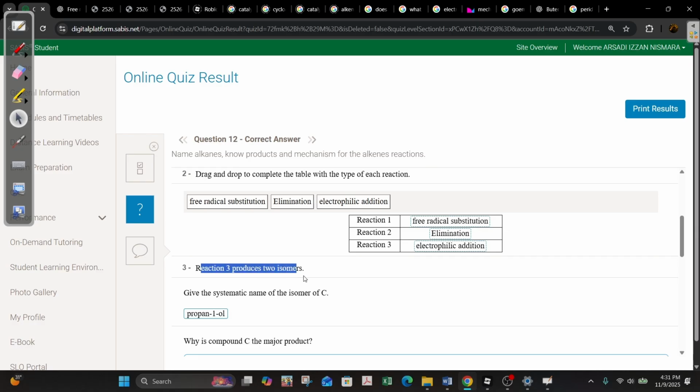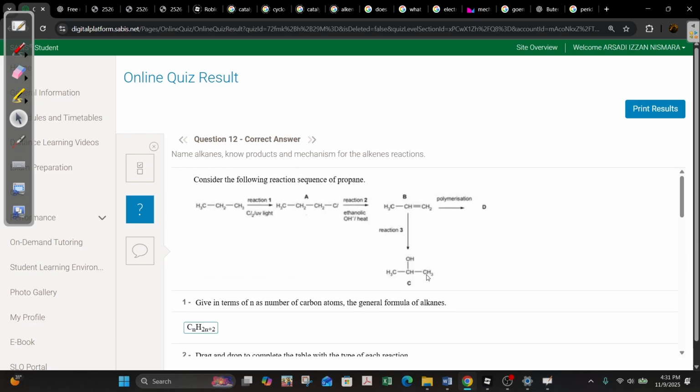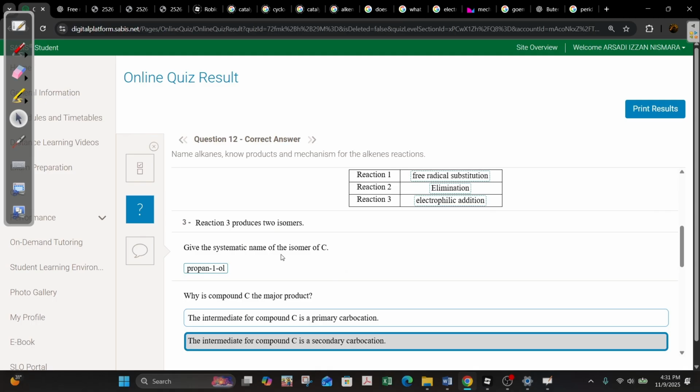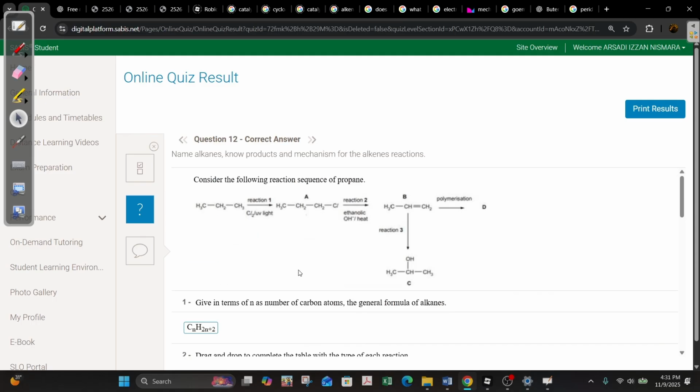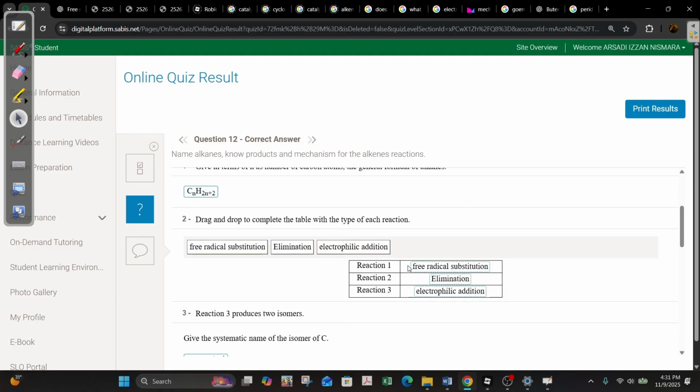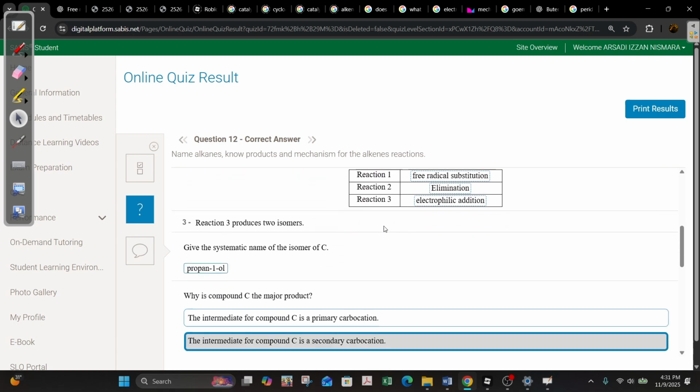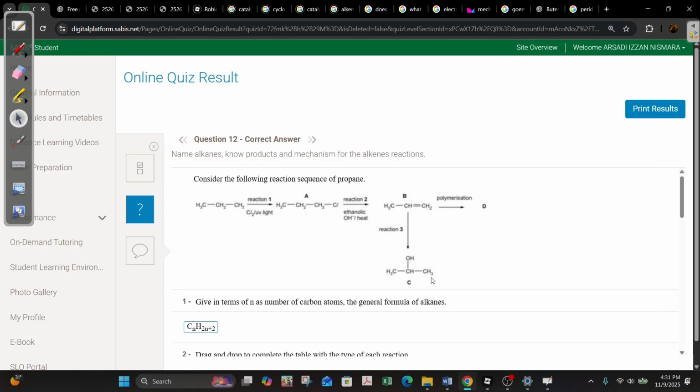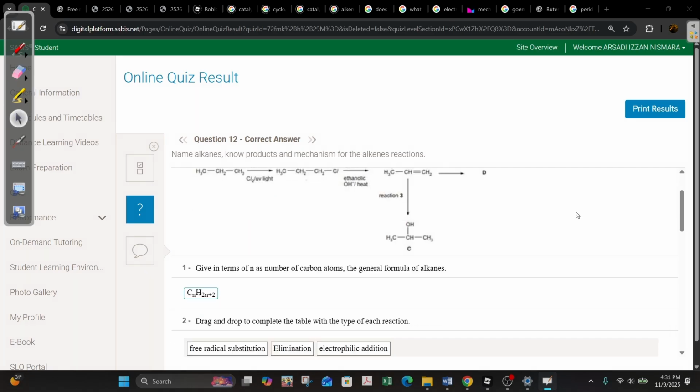Reaction 3 produces two isomers, propan-2-ol and propan-1-ol. Give the name of this one. I guess they want the name of the other isomer. Oh yeah, they want the other isomer of C, which is propan-1-ol. So the OH group will just be right here, not there. Okay, yeah, that's a bit weird.